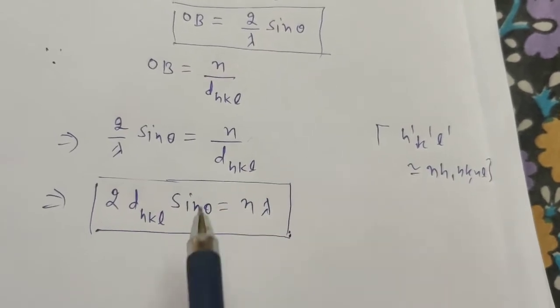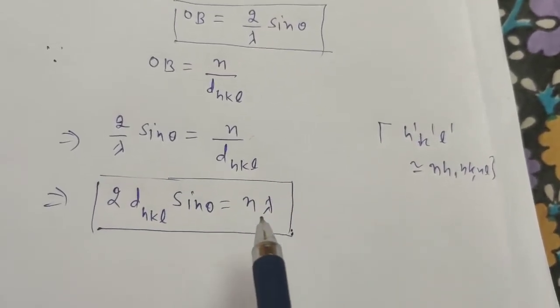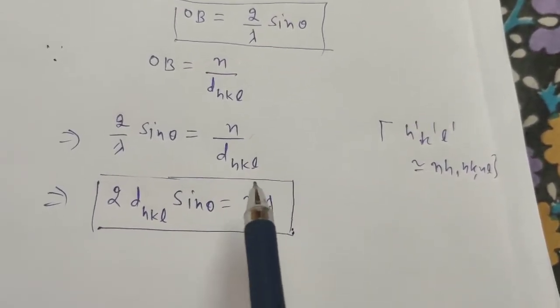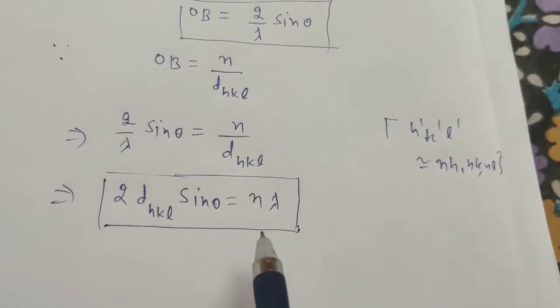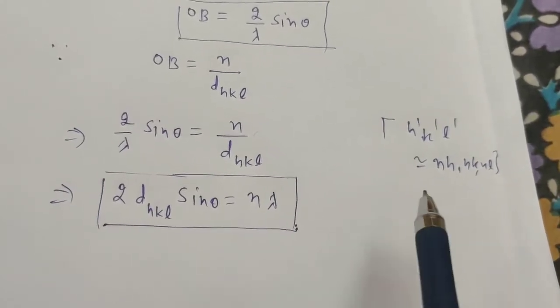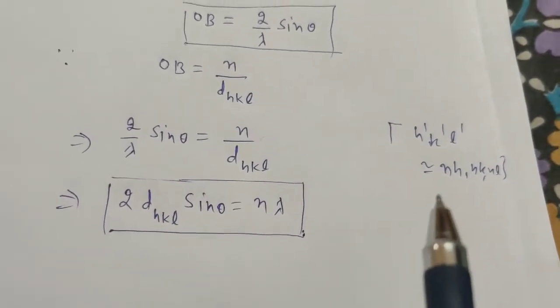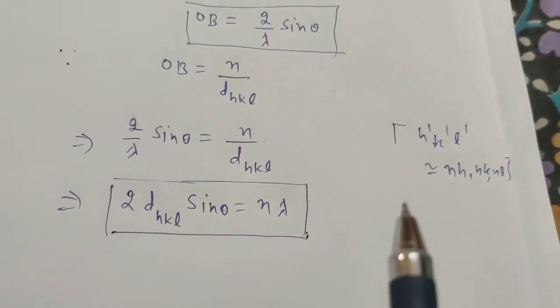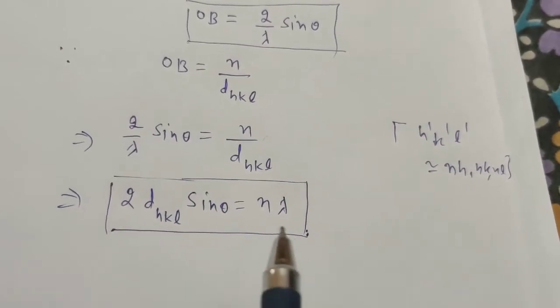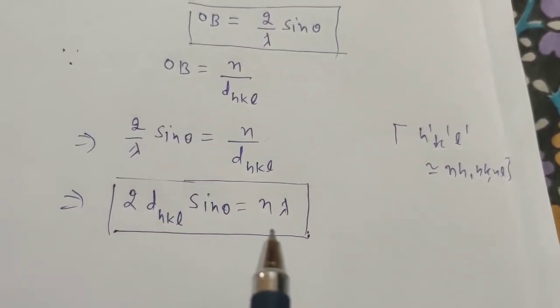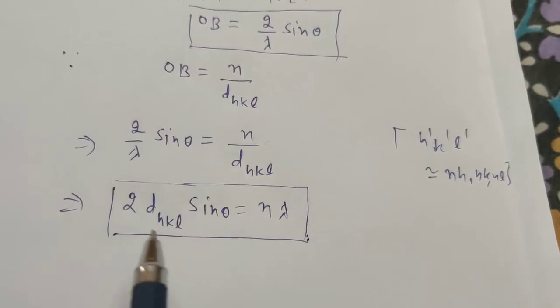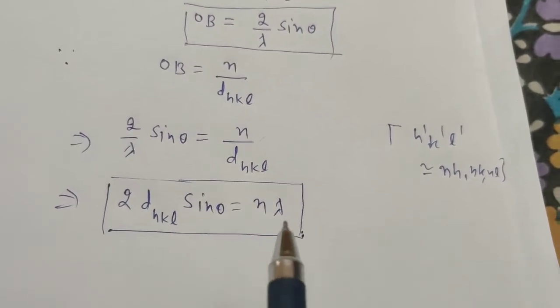Here it is transformed into the order of reflection, where n is the order of reflection, related to the largest common integer. This is a very important condition. This is your Bragg condition, which is only satisfied for the values of d HKL and lambda.